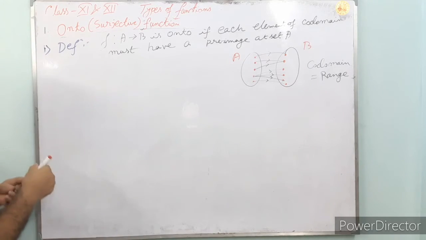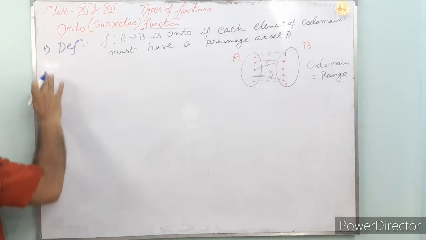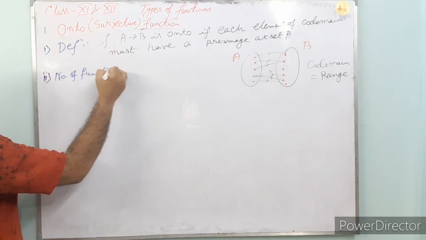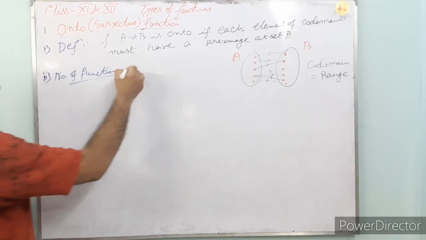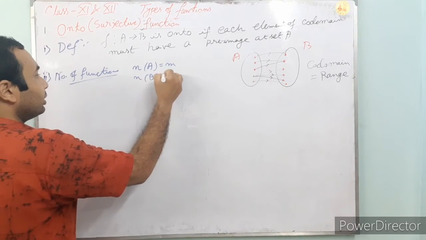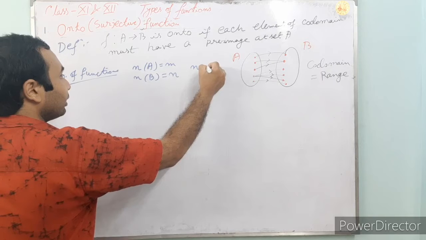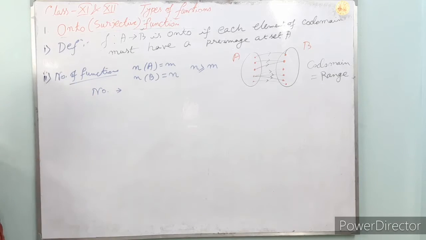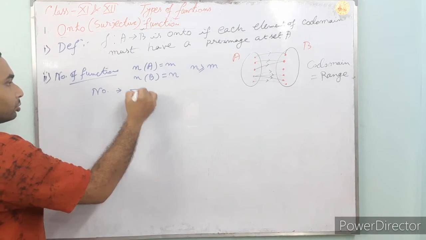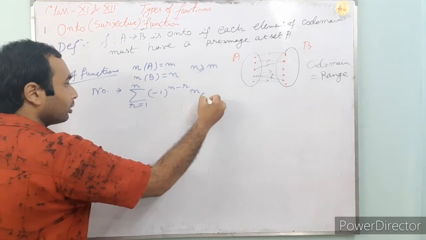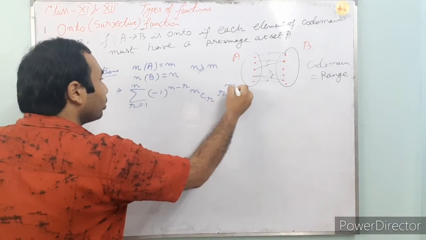The number of onto functions, where the cardinality of A is M and the cardinality of B is N, where N is less than or equal to M, is given by a quite big formula.